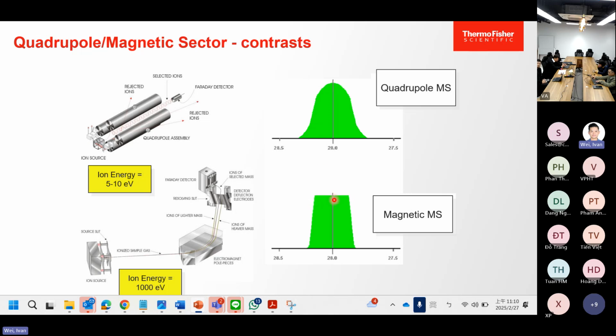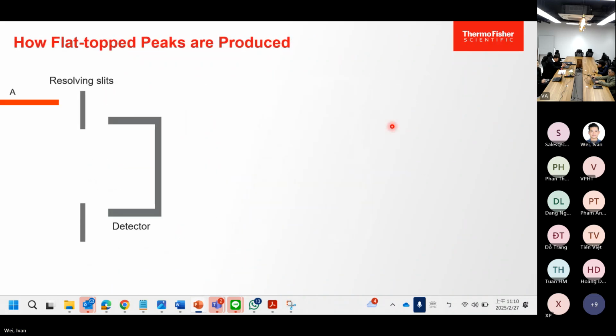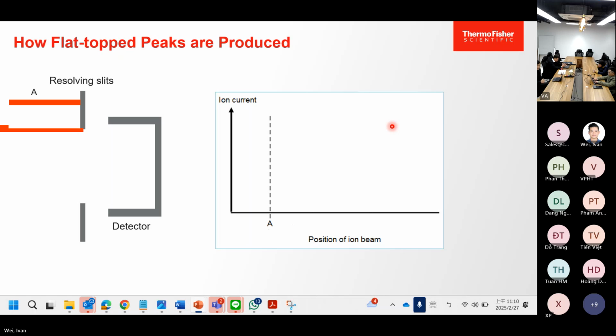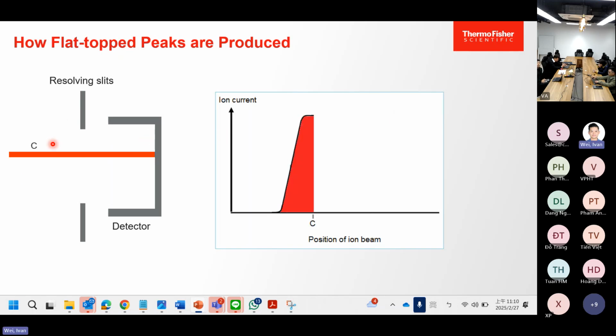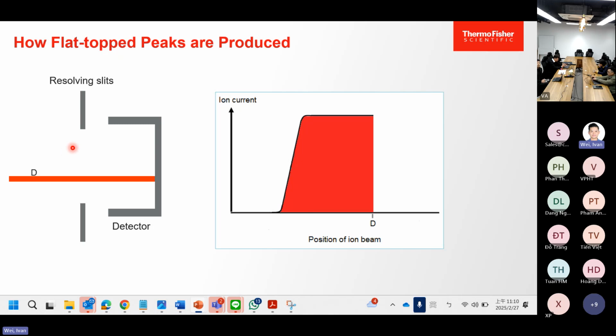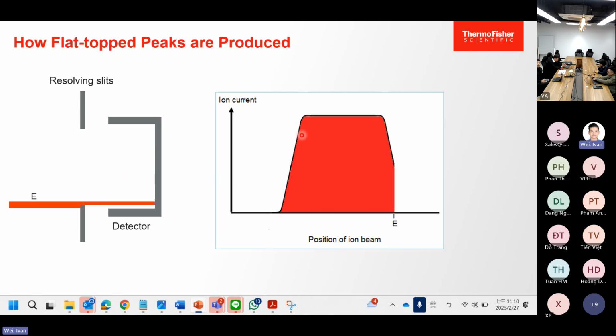However, for the magnetic spectrometer with the Faraday application, our spectrum will look like a plateau. You will see a peak and then it flattens out instead of a round top. This is because all those rays come in from positions A, B, C, D, E, and F, so the peak will be a flat shape instead of a round shape.